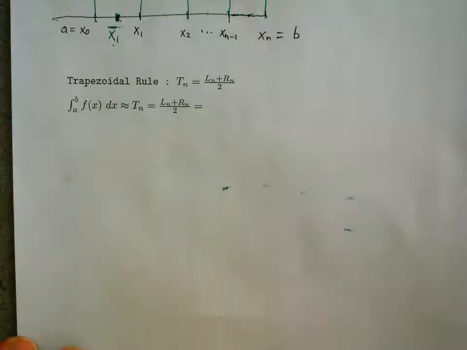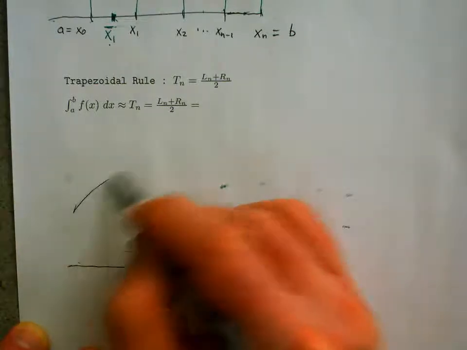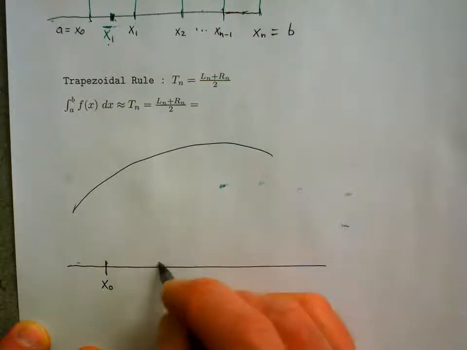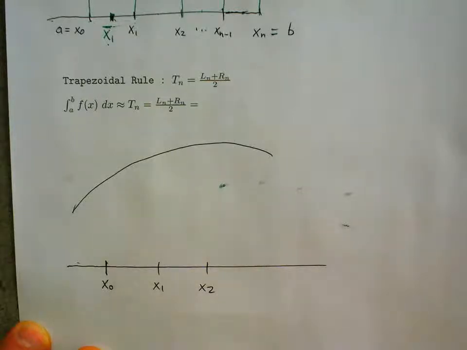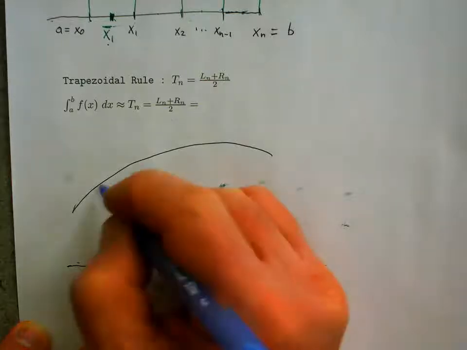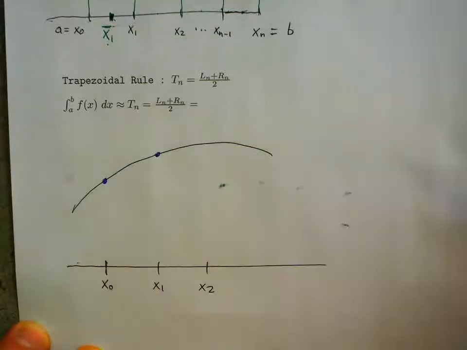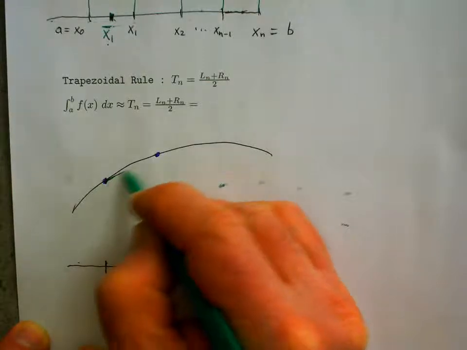But it's called a trapezoidal rule because when you take the average of a left-hand sum and a right-hand sum on an interval, it's exactly the same area you get by finding the area of a trapezoid.